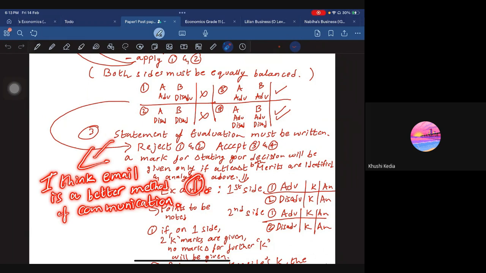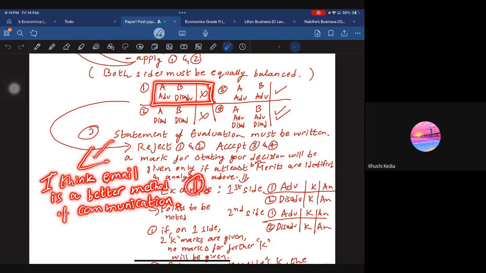In this case, you know what the examiner will say? He will just say that although a side is chosen in the evaluation, it will not be marked because it is not supported with the right knowledge and analysis.